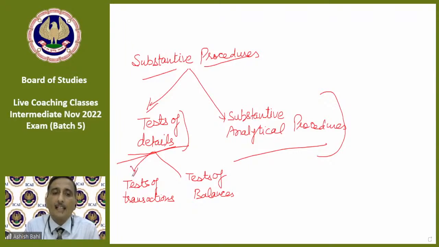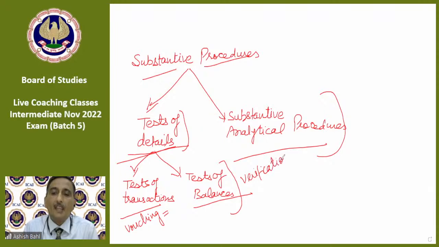And tests of details are further divided into tests of transactions and tests of balances. This you can understand basically as tests of transactions, like vouching, and tests of balances, like verification of account balances.